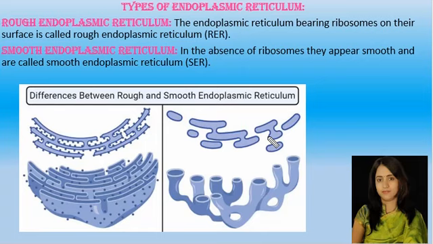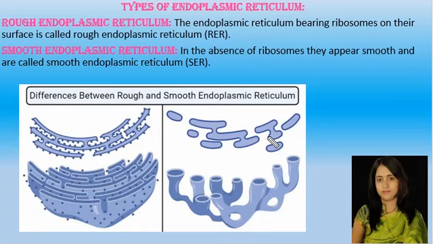From this part you need to remember what is endoplasmic reticulum, and you must remember the differences between RER and SER, that is rough endoplasmic reticulum and smooth endoplasmic reticulum, and the three forms of the structure of the endoplasmic reticulum: cisternae, vesicles and tubules.